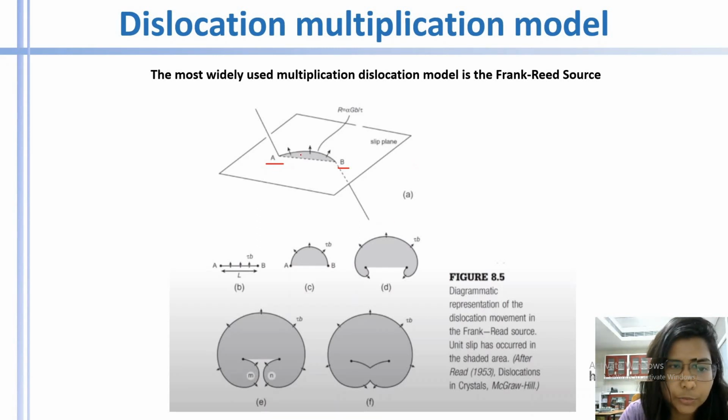So here, if you see, this is the slip plane, and this region from A to B is the only part that lies in the glide plane.